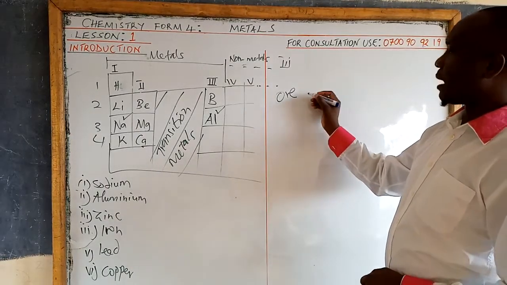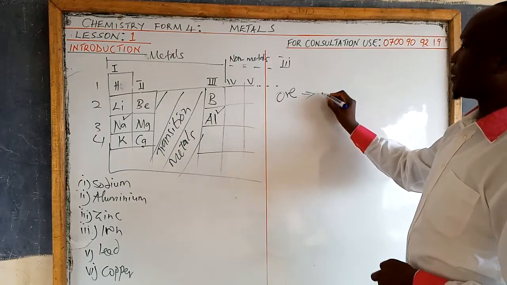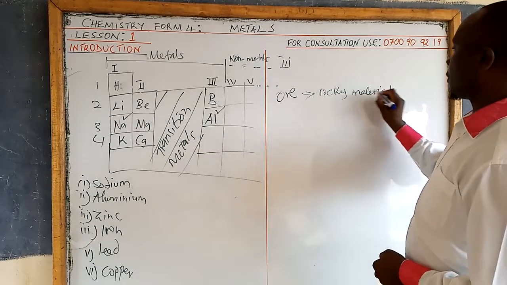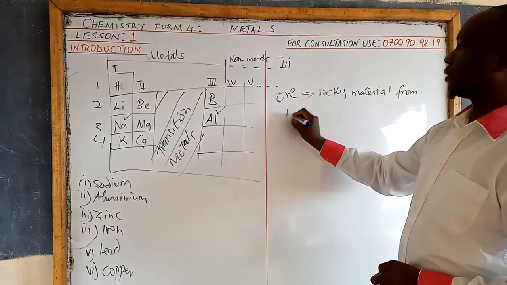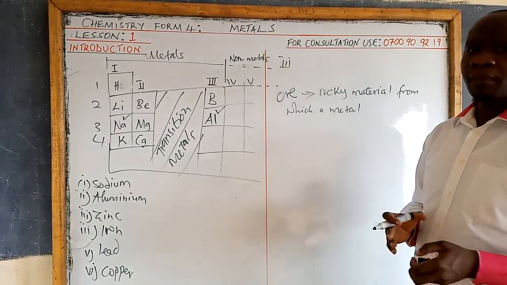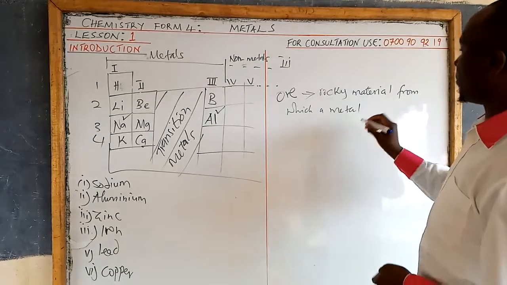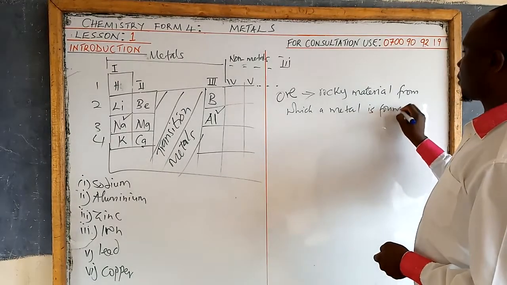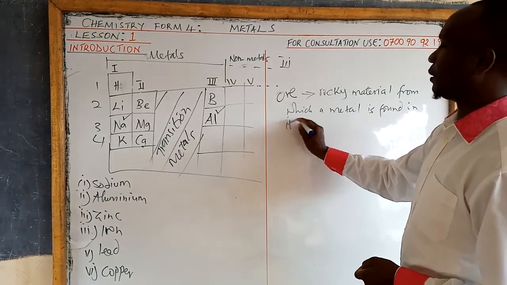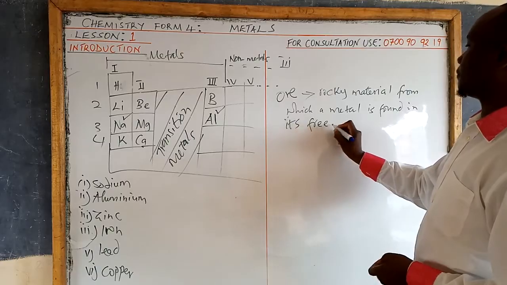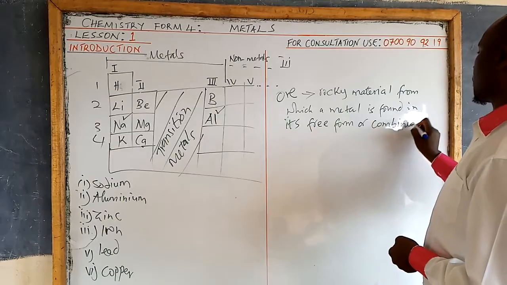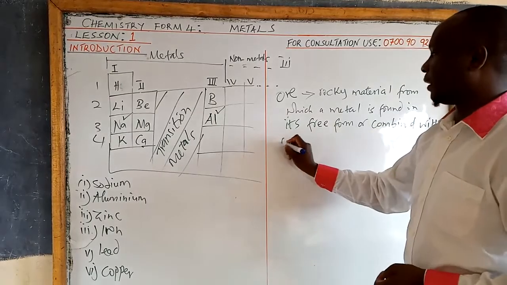So we can define an ore usually as a rocky material in which a metal is found in its free form or combined with other elements.